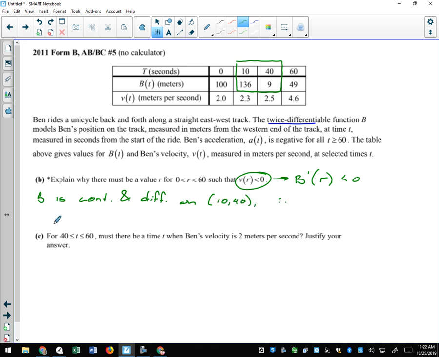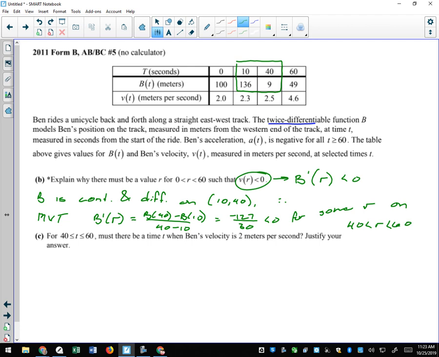Therefore, the mean value theorem guarantees that the derivative of b would have to equal b of 40 minus b of 10 over 40 minus 10, which would be, I'm going to do this in my head, negative 127 over 30, which is a negative value somewhere for some r on the interval 40 less than r less than 60.